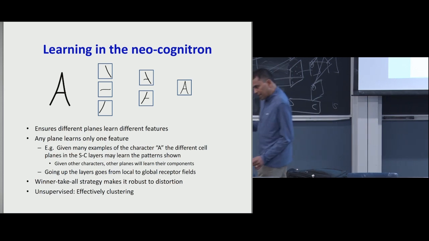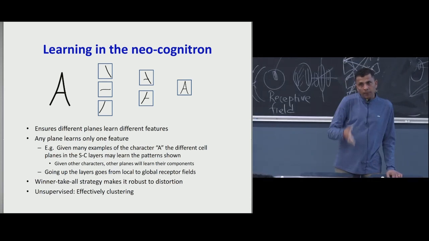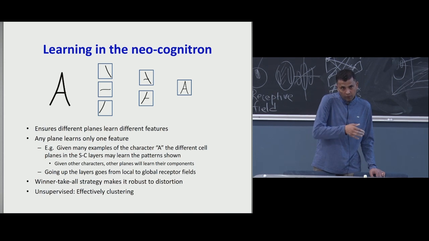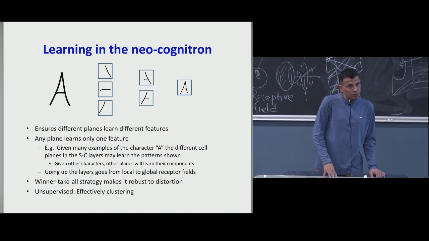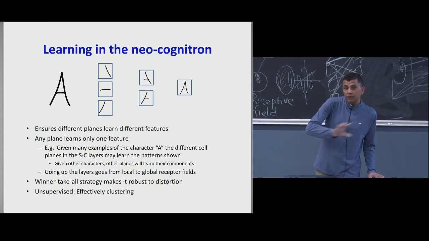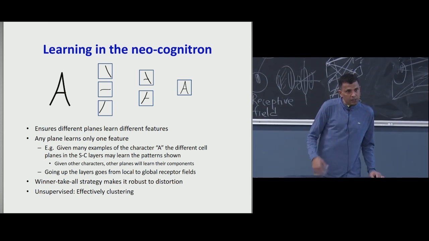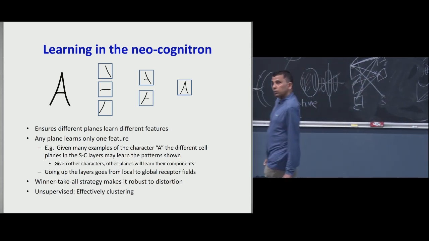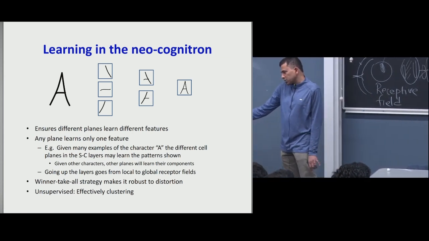If you showed lots of characters, the early-layer S-planes would begin to respond to different components of the characters. So maybe one S-plane would correspond to this stroke of an A, another to the horizontal stroke of an A. And then the later ones would begin putting these together. All of this is unsupervised. There are no labels. You're just presenting inputs and using Hebbian learning to decide which ones will fire, which ones to update, and which ones you shouldn't.